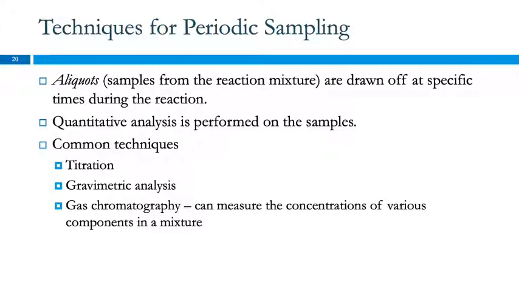Some common techniques here would be titration, gravimetric analysis, or gas chromatography. It has to be something that you can do fairly quickly, because in that little sample that you pull out, the reaction is going to keep going, right? And that's why you only want to use periodic sampling for something that has a slow rate of reaction.